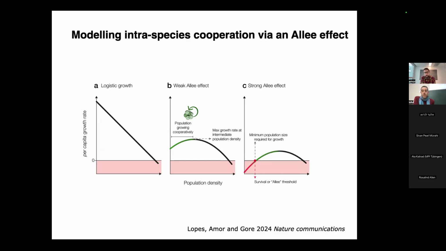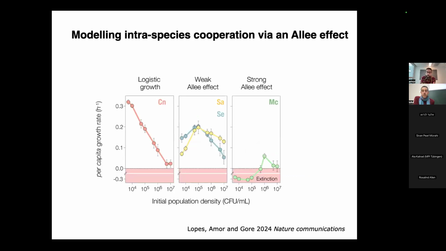So based on the previous experiment and this interpretation, we checked how the microbes grow starting at different initial densities. And we saw that for CN, it was consistent with logistic growth, but for the other microbes, it was consistent with cooperative growth. In particular, Moraxella had a strong Allee effect, and it required a relatively high number of cells in order to grow.